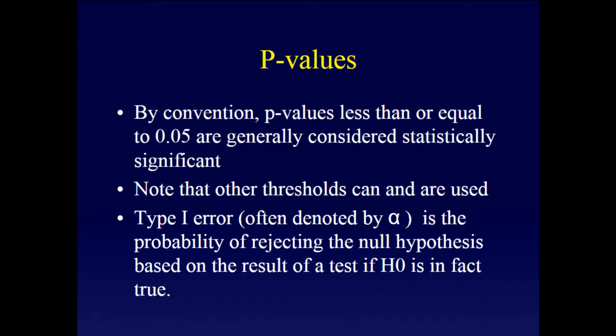This is not like a natural law. This isn't just some magical number that pops up in nature like pi. This is a number that, for better or for worse, our field has selected as being what's considered appropriate for statistical significance. And this is often referred to as the type 1 error, denoted by alpha, the probability of rejecting the null hypothesis, given the null hypothesis is true.